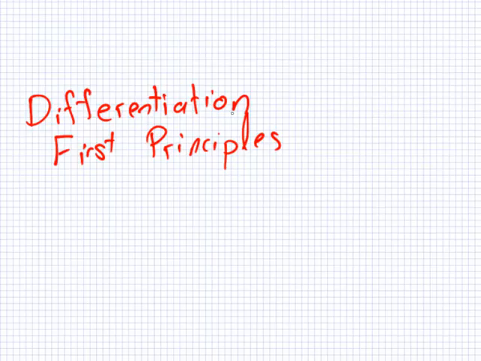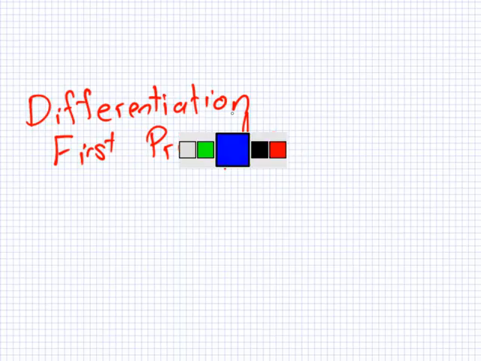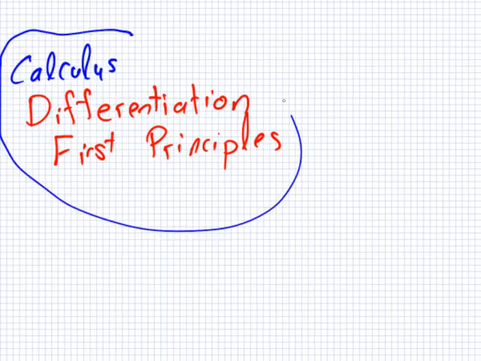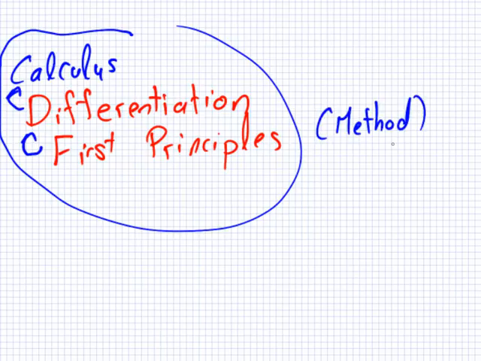Differentiation. First principles is the lesson. Differentiation is part of a larger chapter in maths. Does anyone know its name? Calculus, yeah. So calculus, part of calculus is differentiation, and part of differentiation is this first principles, which is actually a method we're going to have a look at now.